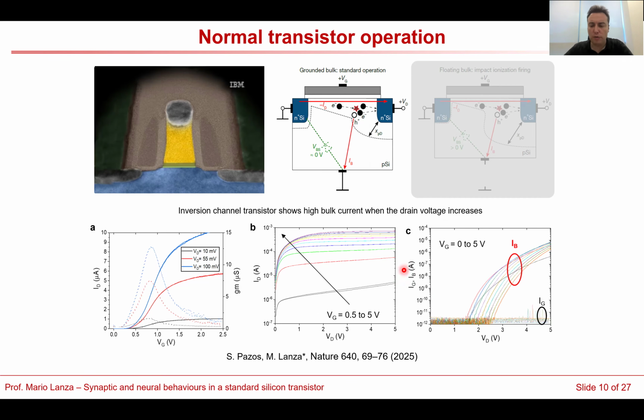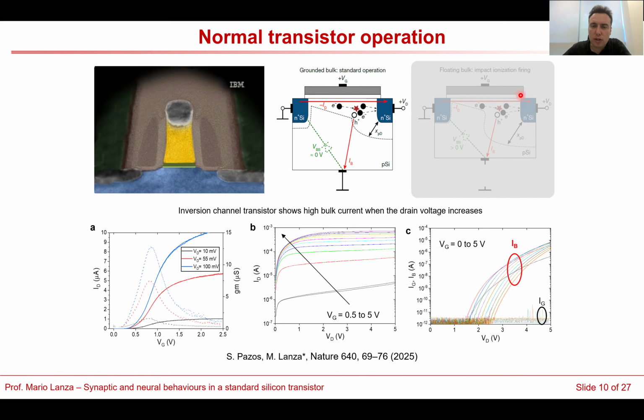So we explored the functioning of the transistor, as I have shown you before. A standard silicon transistor, when we apply gate voltage, produces an inversion channel and behaves like a switch that can emulate the zeros and ones of the binary code. There is no possibility under this operation mode to emulate this dynamic leaky integrate and fire response. It's very challenging.